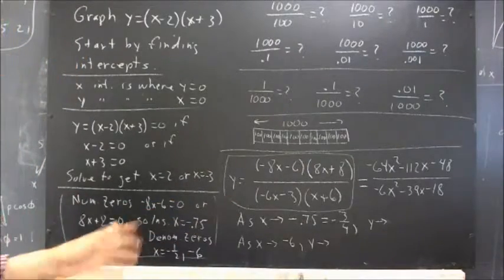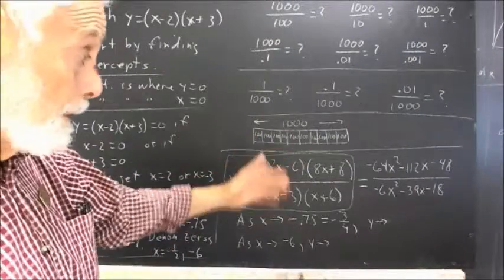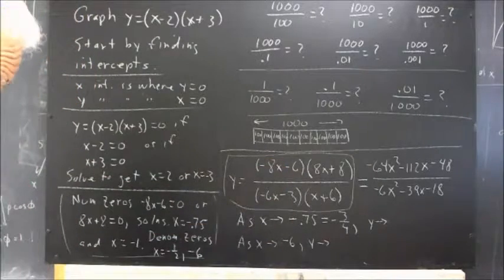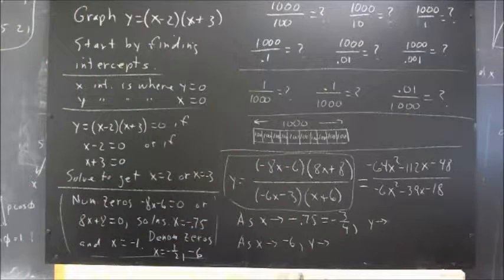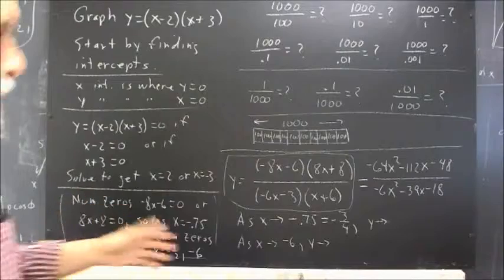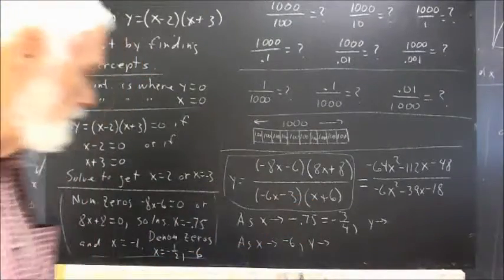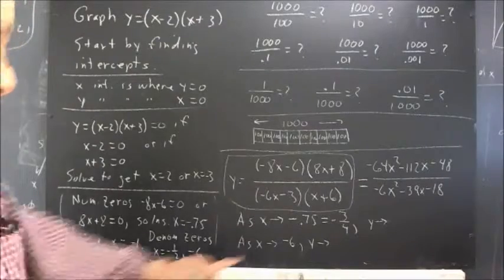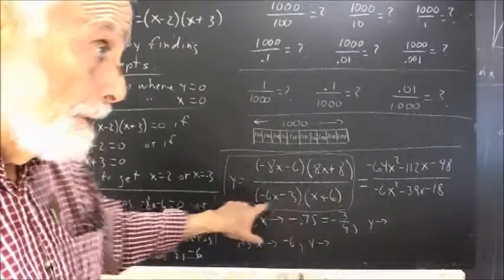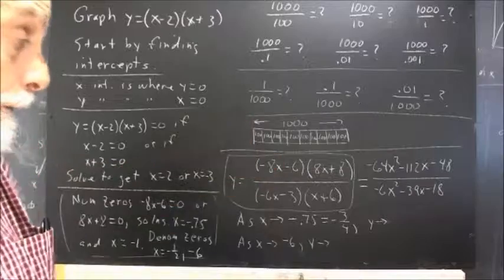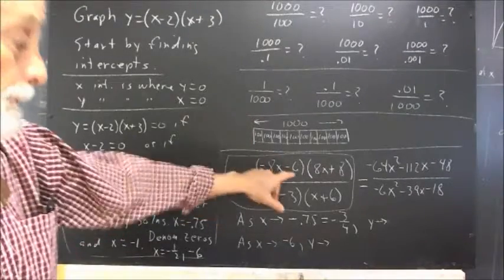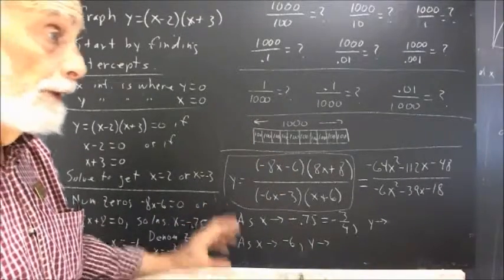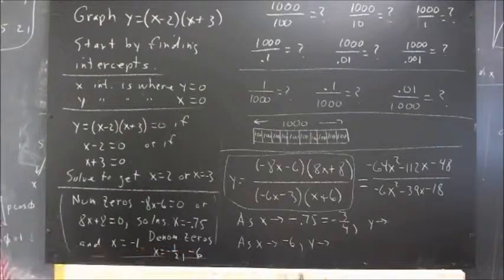Now, if the denominator is 0, that's undefined because you can't define division by 0. So we ask the question, what happens if the denominator is just close to 0? For example, if x is -6, we get a 0 here, which makes the whole denominator 0, which makes everything undefined. So this value of y isn't even defined if x equals -6.